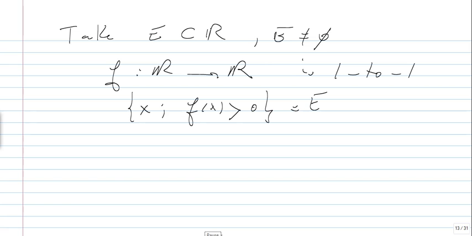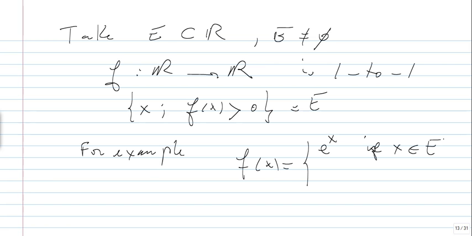So take, for example, f(x) equal to e^x if x belongs to E, and minus e^x if x does not belong to E. I leave it to you to check that this function is one-to-one.